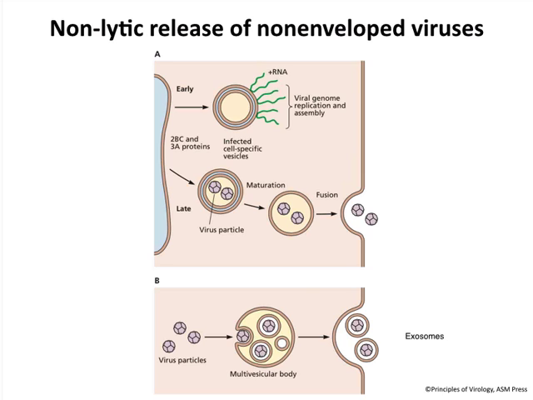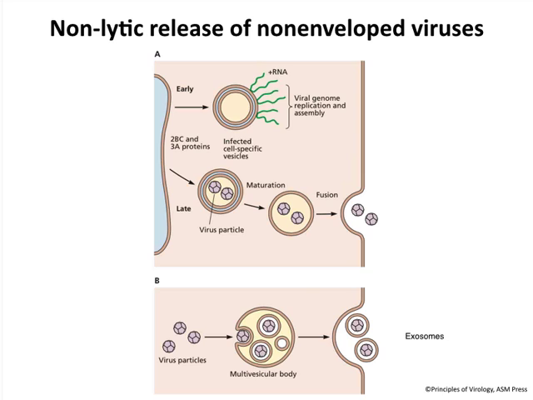Late in infection, these autophagosomes contain virus particles. They mature by losing one membrane, and then they fuse with the plasma membrane, remember, in the process of releasing cytoplasmic contents. But if there are virus particles inside, those will get released as well. It's been shown that if you inhibit autophagy in a polio-infected cell, you will inhibit virus release to a certain extent. So this is one non-lytic mechanism of virus release, in particular of a non-enveloped virus.